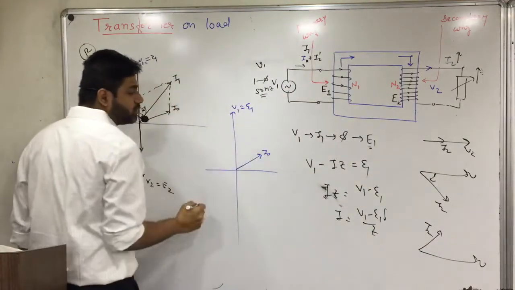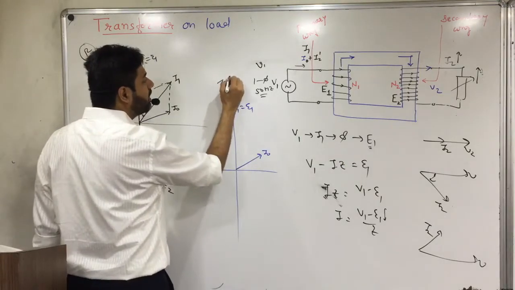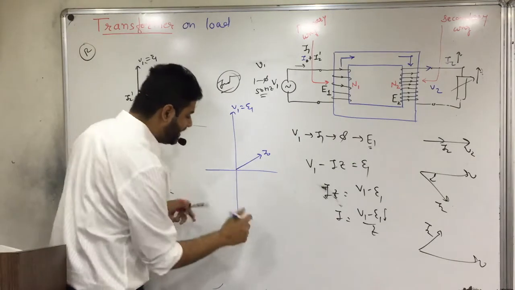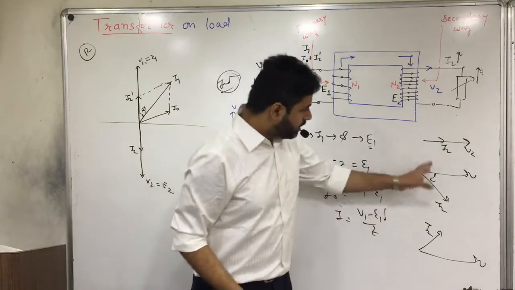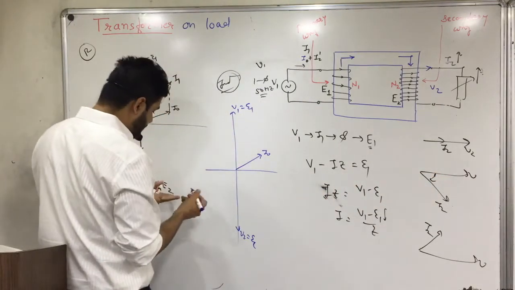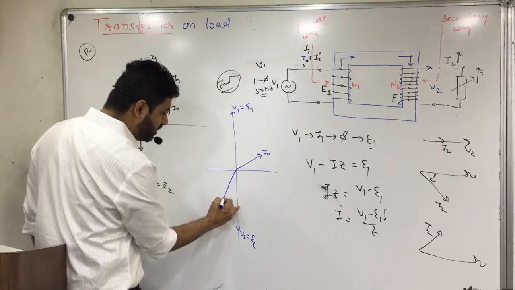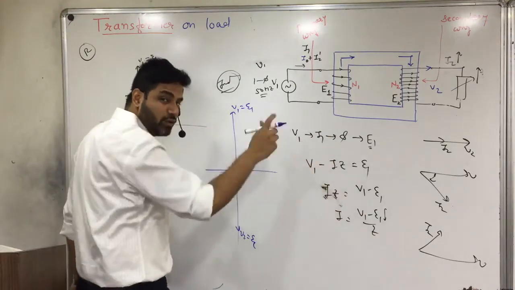Okay. So we understood this thing. Now what are we doing here? We are going to talk about inductive load. This is inductive load. So for inductive load, what will happen? Again, I'll say this is my V2, which is equal to E2. Turn V upside down. So for inductive load, the current will be lagging behind the voltage. You can rotate it like this so you will understand it.